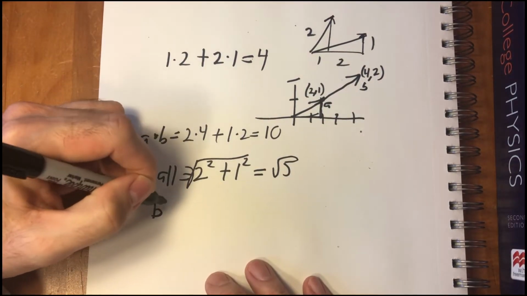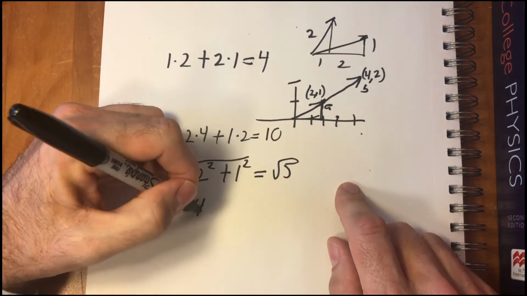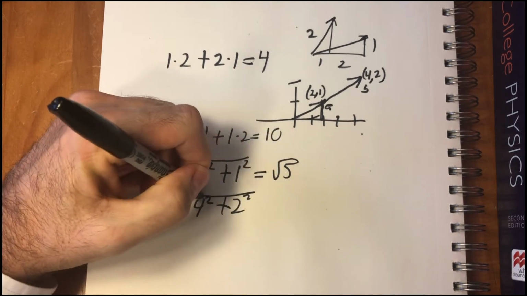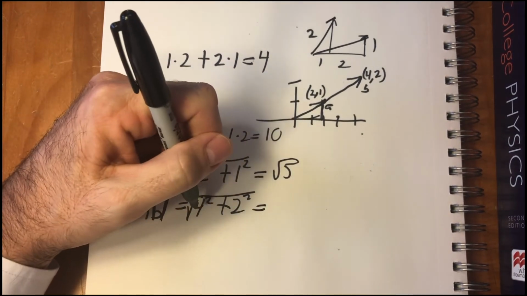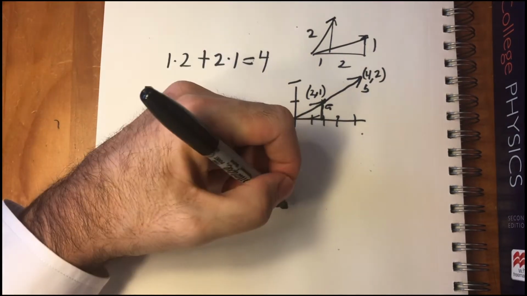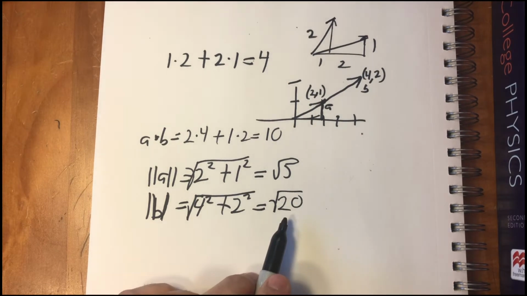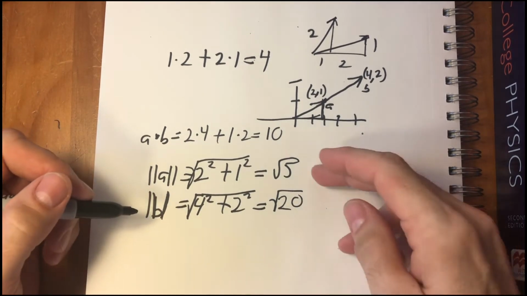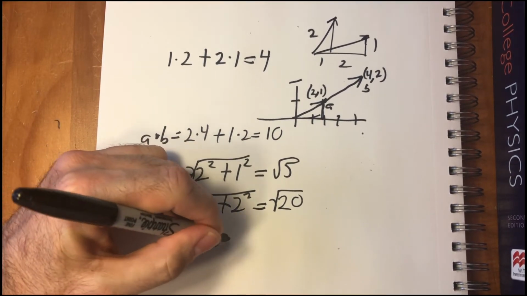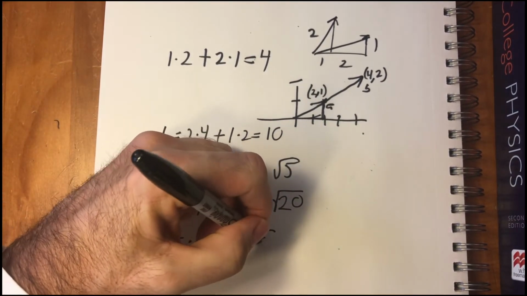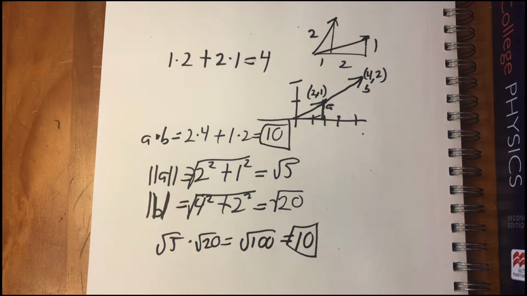For B, we have the square root of 4 squared plus 2 squared, that's 16 plus 4 is 20. So the square root of that. That's the length of A and the length of B. So if we multiply those two together, the square root of 5 times the square root of 20 is the square root of 100, which equals 10. So it works when they're multiplying in the same direction.